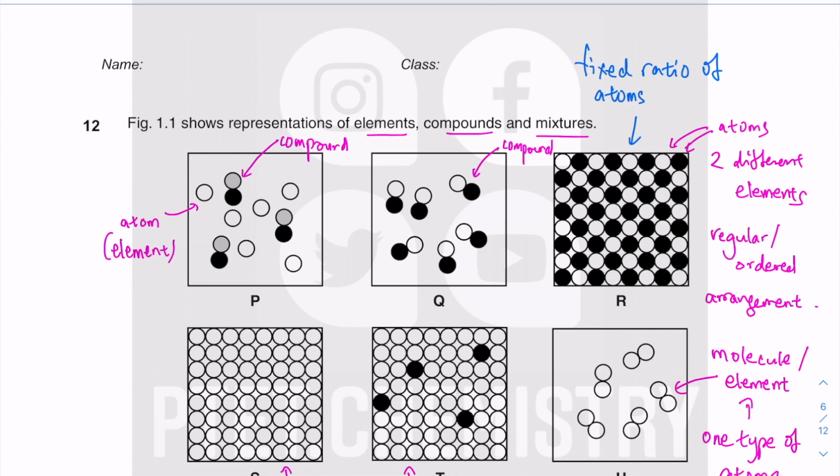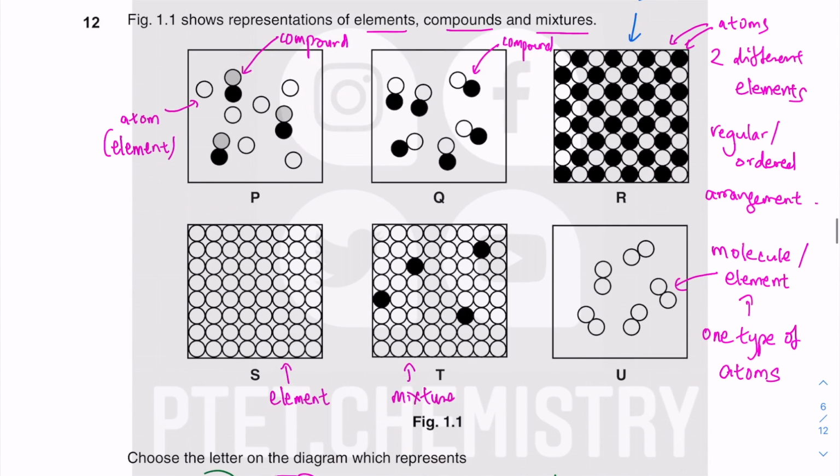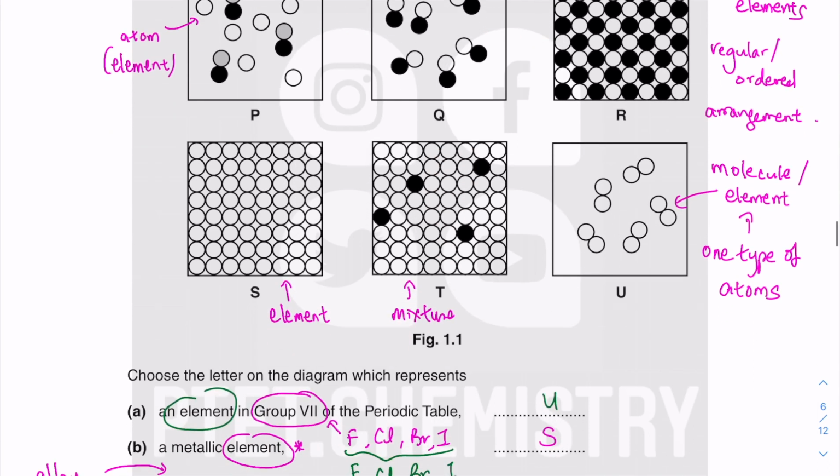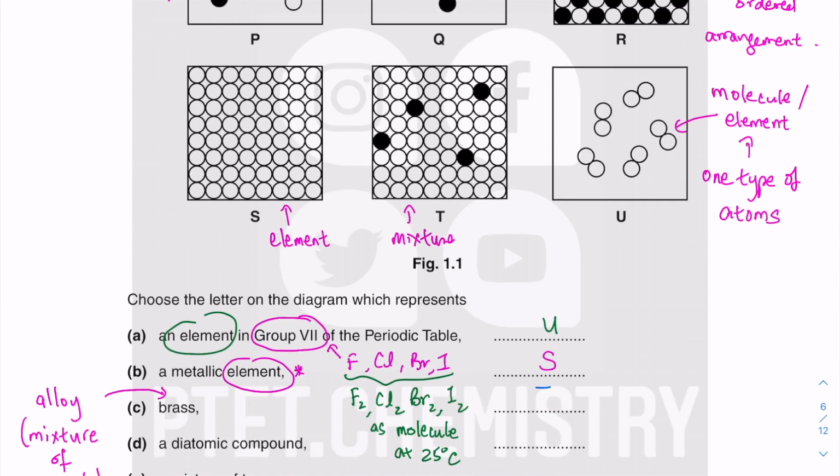This is actually an idea of a compound, not a mixture. Sorry if I said this was a mixture earlier. This is definitely a compound. This is a mixture because you can see the ratio is not fixed; there's a lot of white, but a bit of the black one, so it's a mixture, whereas this one was not randomized, it was really ordered. So brass would have been a mixture of different metal atoms.